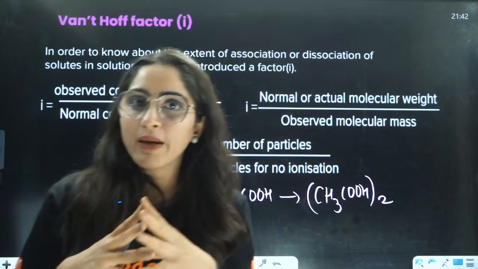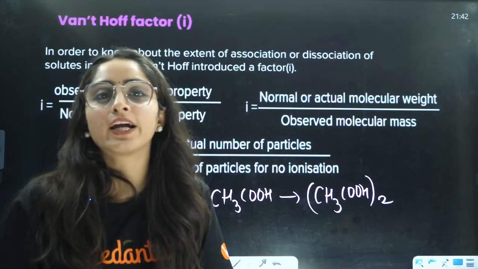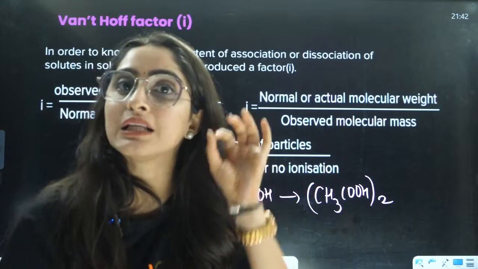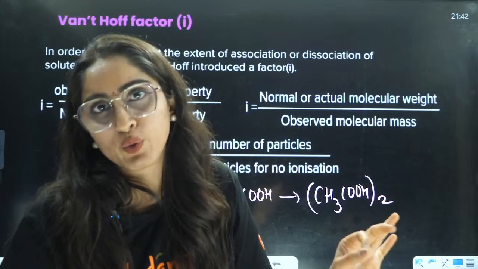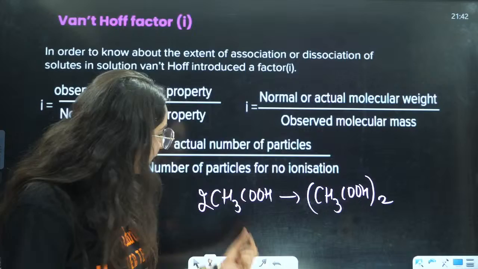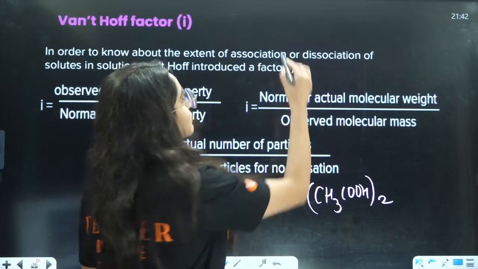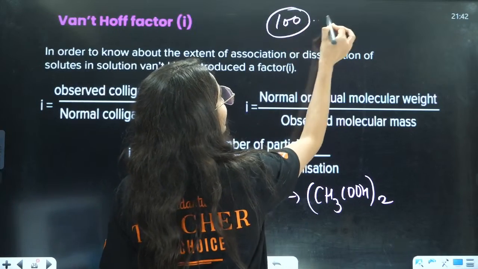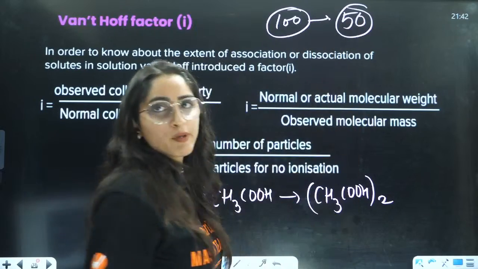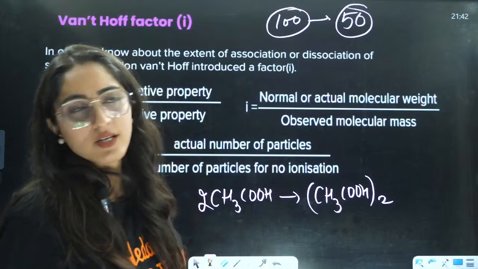So that means this is going to affect the colligative properties, because colligative properties are dependent on the number of particles of solute. Number of particles of solute are changing. We were thinking that there will be 100 molecules, but after association there are 50 molecules only because of dimerization in case of acetic acid.